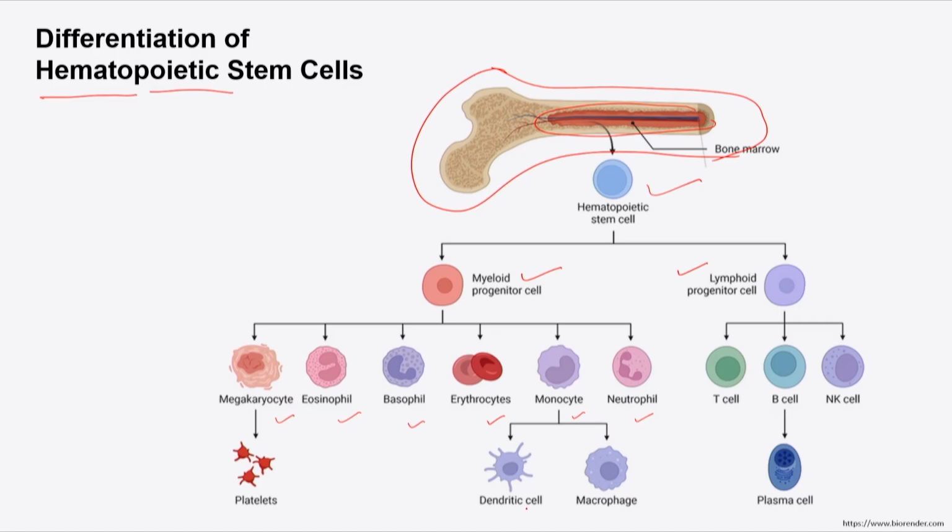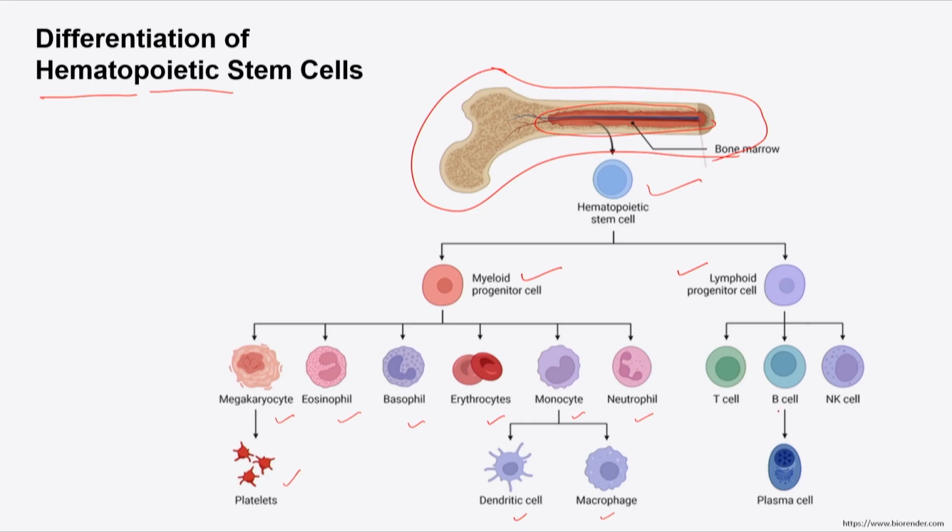Monocyte can again be differentiated into dendritic cells and macrophages, which we have understood thoroughly in antigen presenting cells. Platelets come from megakaryocytes, and are specific cell types responsible for blood clotting; megakaryocytes are the mother cell which forms the platelets.